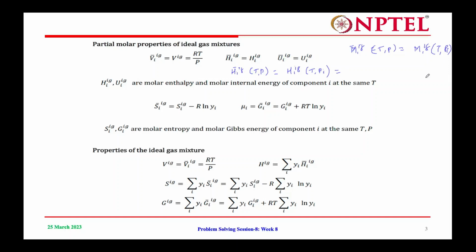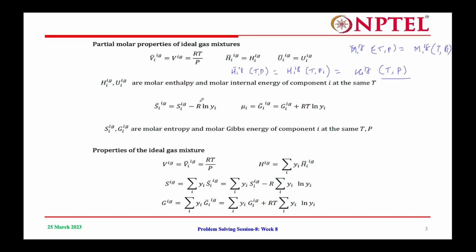But enthalpy is independent of pressure, so the partial molar enthalpy is equal to the molar property of the pure species. Similarly, the partial molar internal energy is equal to the internal energy of the pure species.